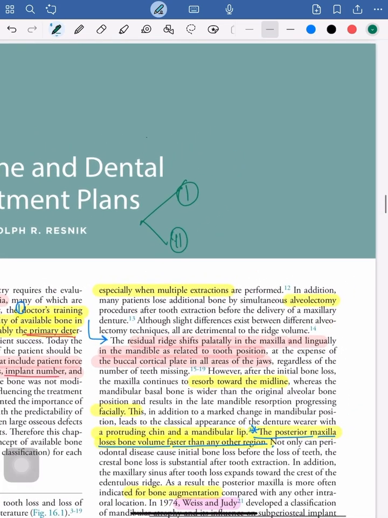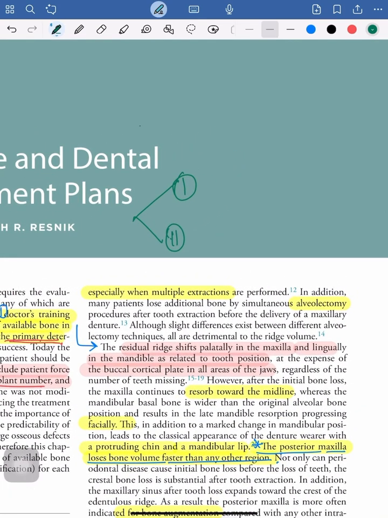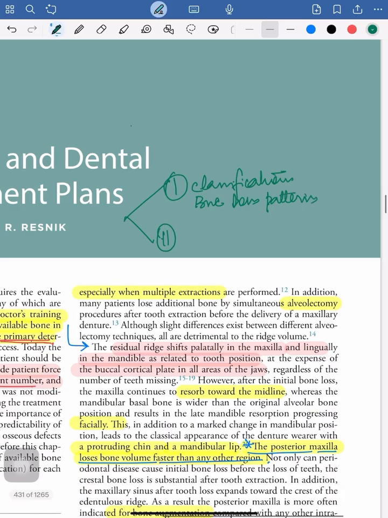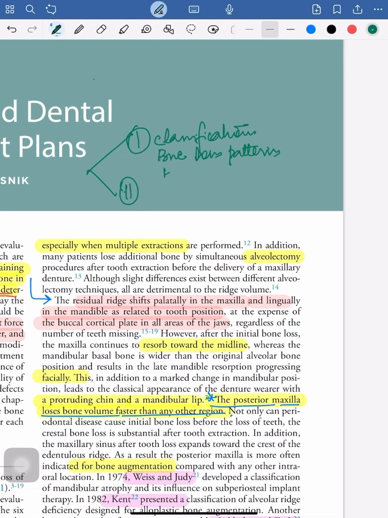In the first section, we will basically talk about various classifications, bone loss patterns, height of bone, width of bone, mesiodistal diameter, crown height space, and angulation of bone.